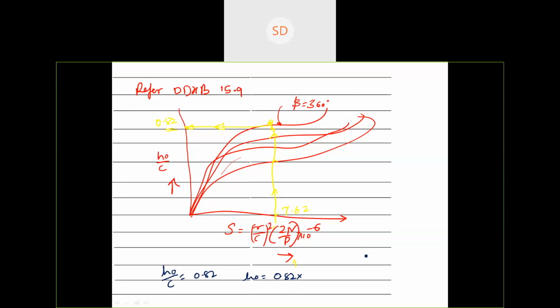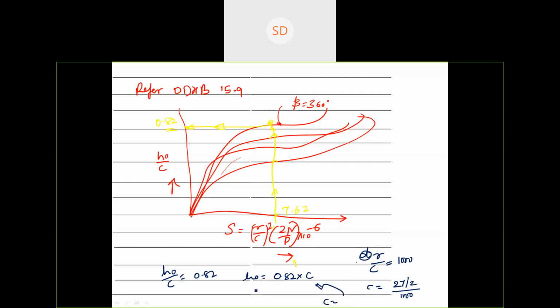So how will you get the C? R by C equals 1000. Now you calculate C. R is 27 by 2, diameter by 2, divided by 1000. You'll get a value of C here. Then multiply with that one.